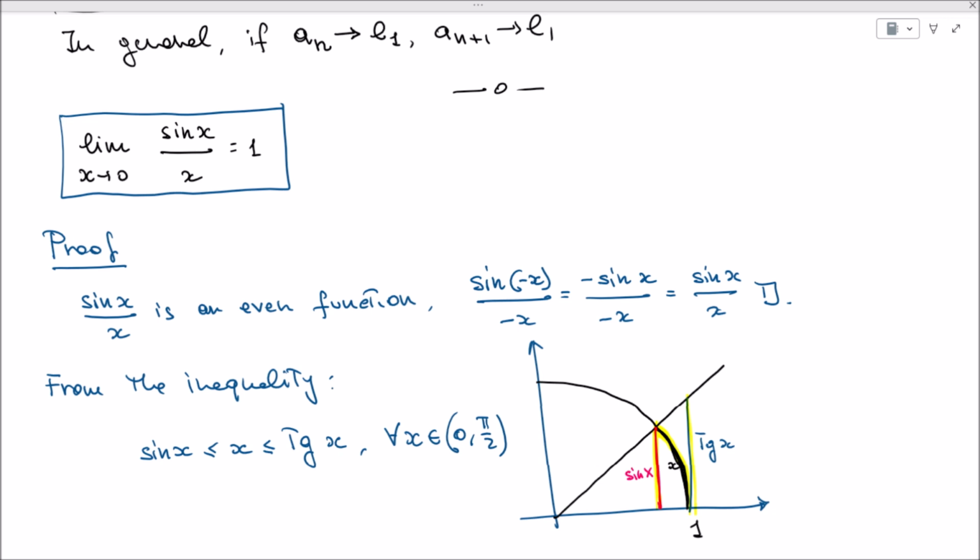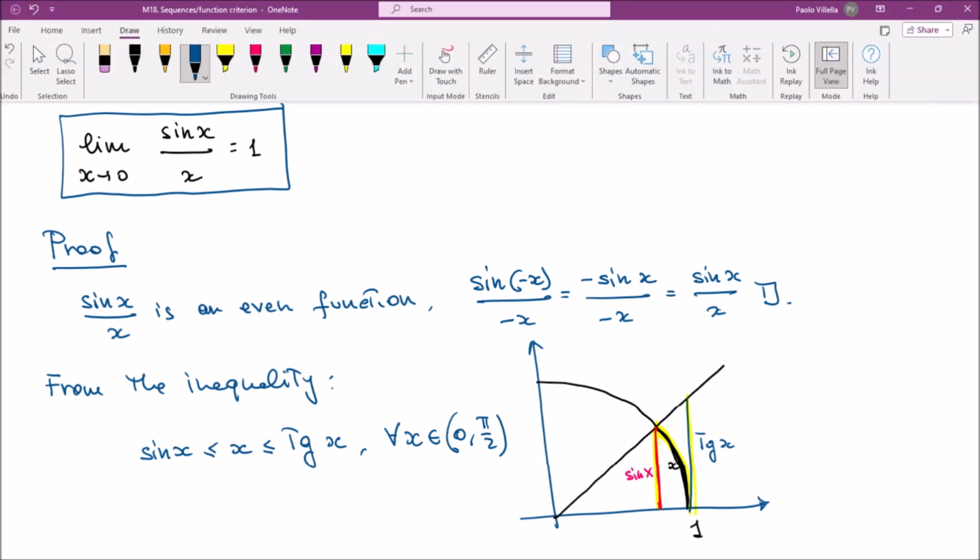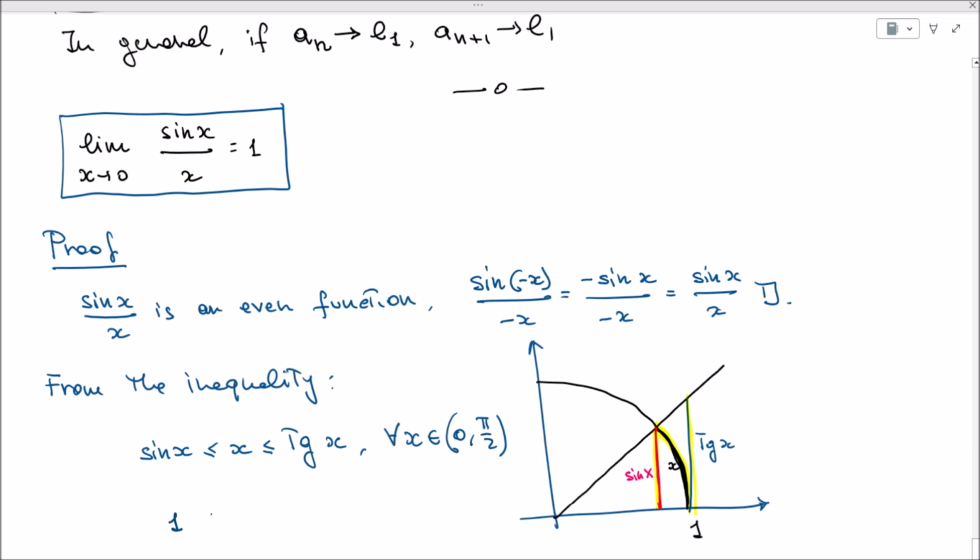But if this is the case, that implies that sine of x is positive. So if sine of x is positive, we can divide all the terms of the inequality by sine of x, and we get 1 less than or equal to x divided by sine of x less than or equal to tangent of x divided by sine of x.